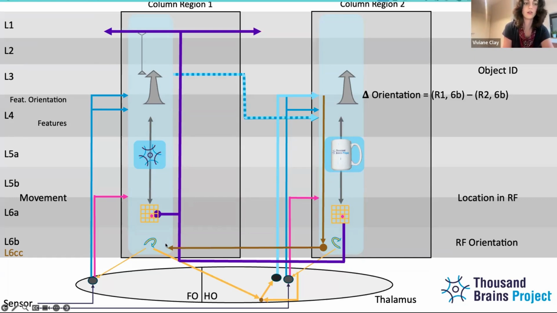And the idea is that this could be done by layer 6 cortical connections, communicating the orientation that should be expected here for the logo by taking the delta orientation stored in the model here and adding the detected orientation down here.